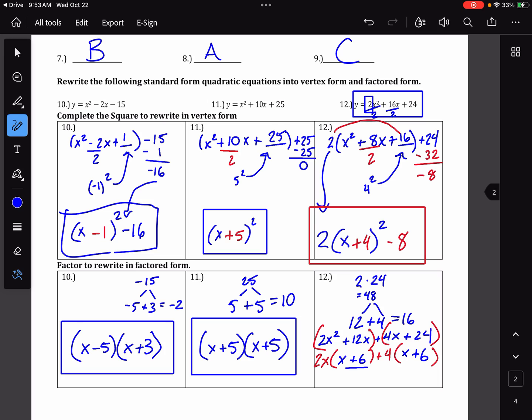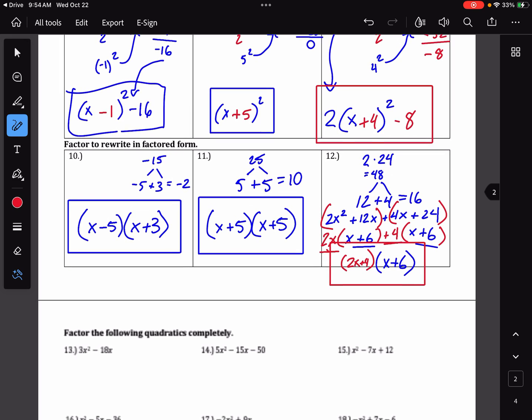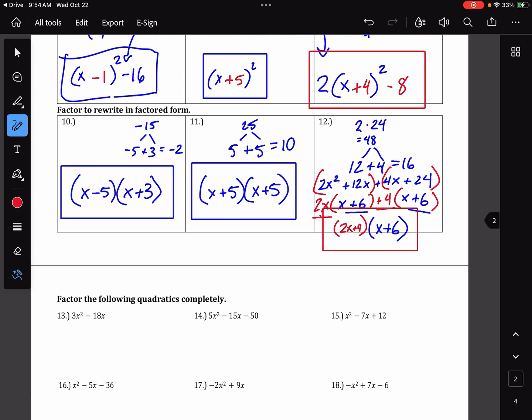We have these two that are the same, so that's one of my factors, x plus 6. The other factor is made up of what's left over, 2x plus 4. Okay. And now there's our factored form. Okay, I'll end that video there and make another one for the third.